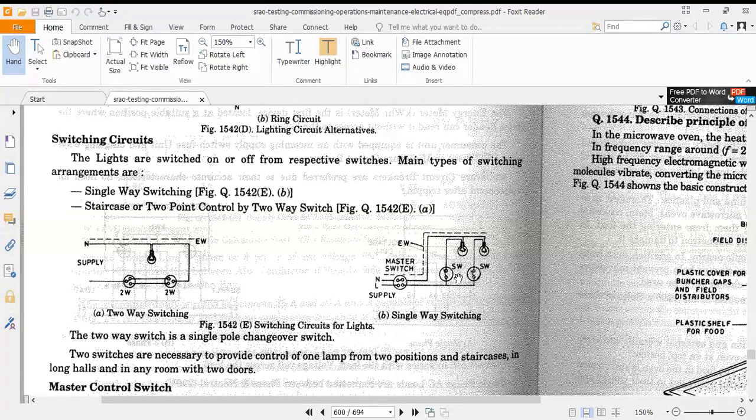Either it is on or it is off. And sometimes we also have similar switches which are called two-way. Two-way means they have one connectivity or they have another connectivity. Generally, these two-way switches are used for staircase wiring. This you already know.